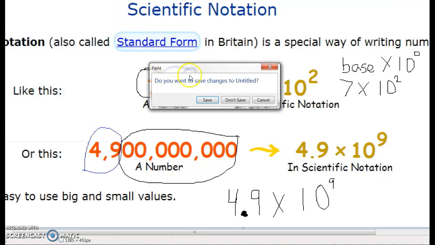Let me get a new page. Okay, so that one was pretty easy to look at, but let me show you something a little bit different. What if we have a number like this, okay?